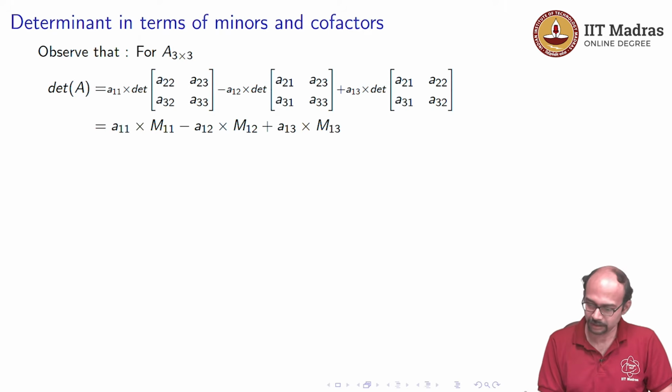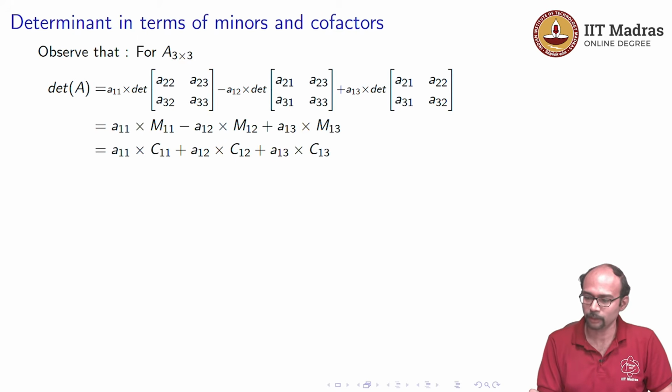So, we can rewrite it now in terms of our minors as A11 times M11 minus A12 times M12 plus A13 times M13. Okay. So, we are just rewriting these determinants as minors. This was the definition, if you remember from the previous slide. Okay.